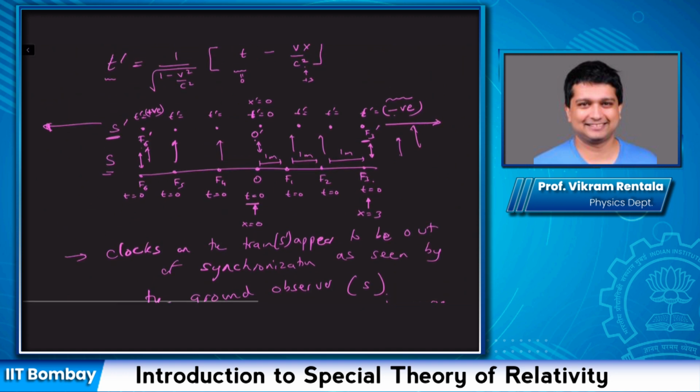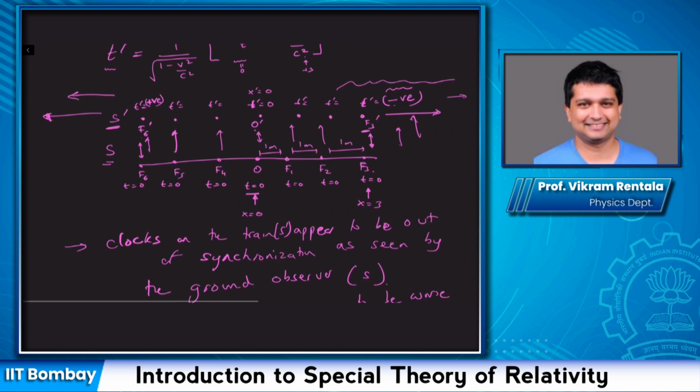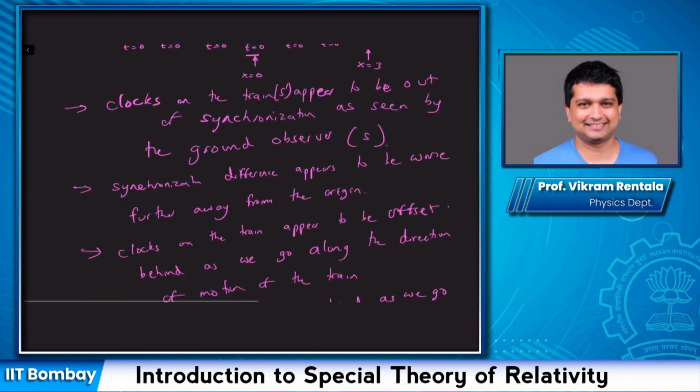So the clocks over here appear to be showing times earlier than t equals 0, and more and more early as you keep going to the right. And the clocks to the left appear to be showing times later than t prime equals 0, and more and more later as you go further to the left.